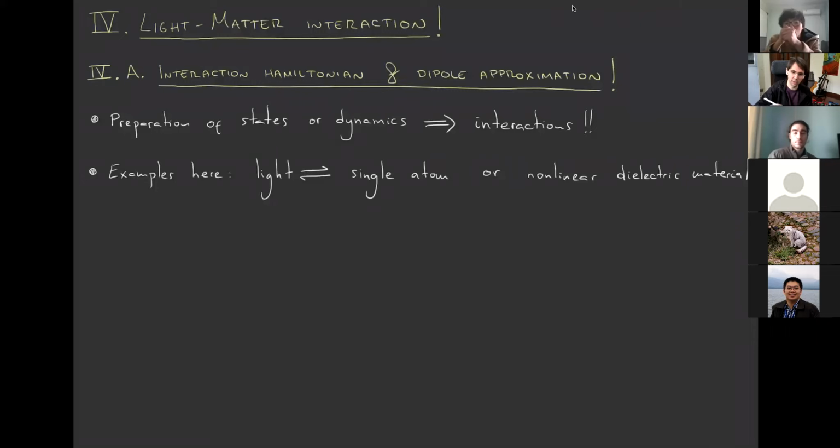And before entering into the specifics of these two models, let me give you some general ideas about how we describe the interaction between light and matter, or the electromagnetic field and matter, in quantum physics, and in particular how we will do it in quantum optics.